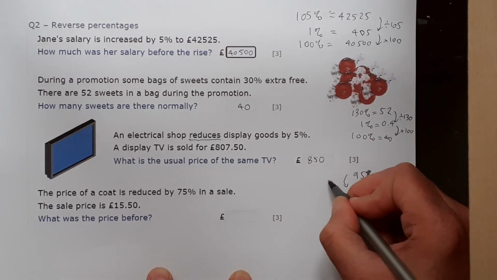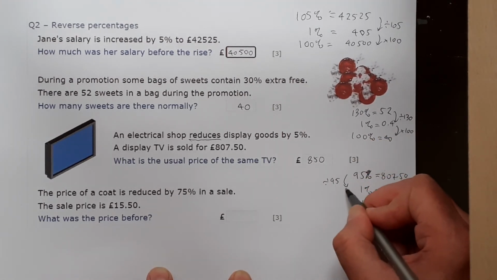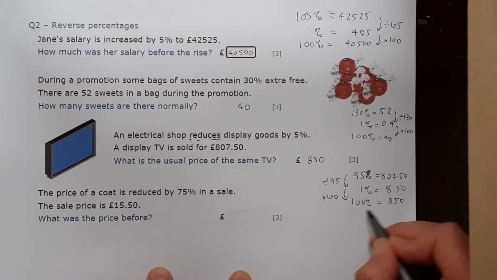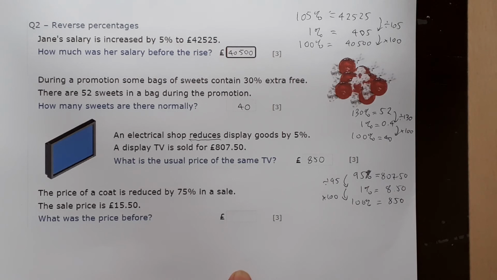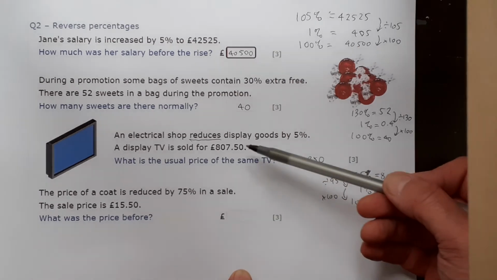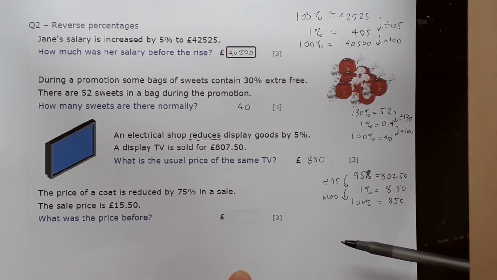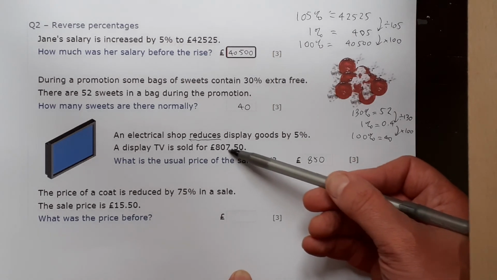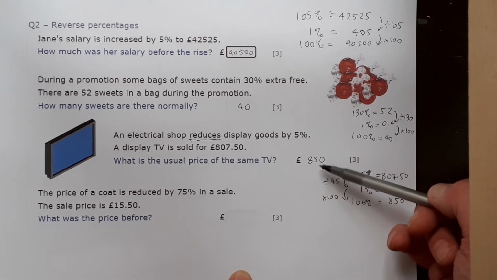Okay, I've divided by 95 and I've times by 100 to go from 95% to 100%. Let's just check. 5% of that would be half of 85. And if I take away half of 85, which is £42.50, I'm going to end up with that amount there. So that's going to work with a 5% change. But I couldn't add 5% onto that. That wouldn't get me to £850.